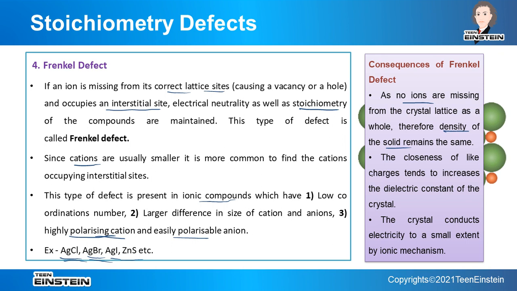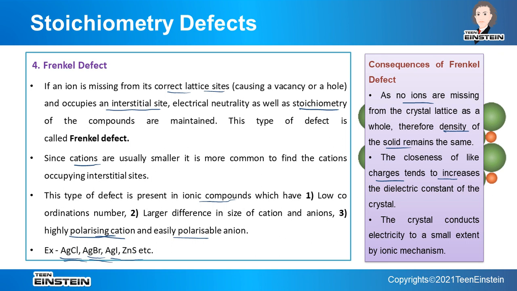The closeness of like charges tends to increase the dielectric constant of the crystal. So here the cation, when it is moving to the interstitial site, now like charges are close to each other, so this process will increase the dielectric constant of the crystal, and the crystal conducts electricity to a small extent by ionic mechanism, because here also when the cation is shifting its position, there will be generation of a hole.